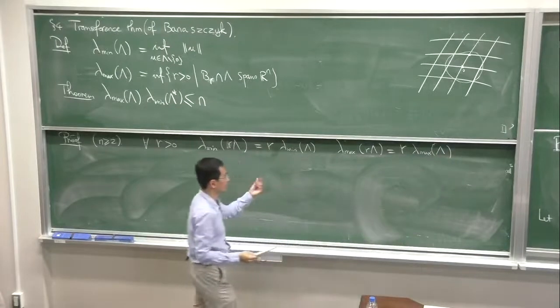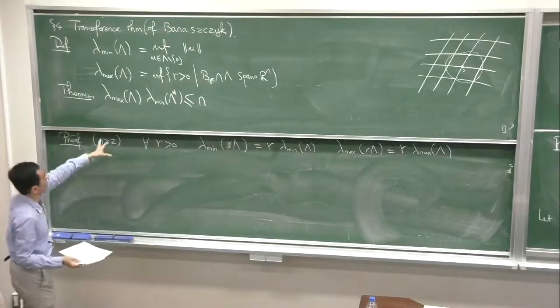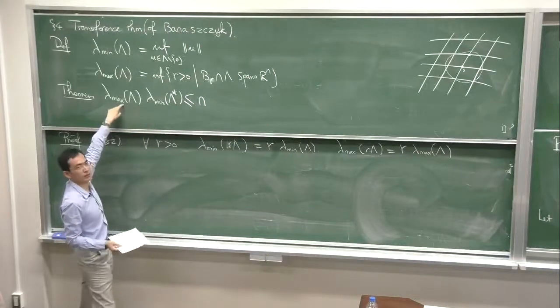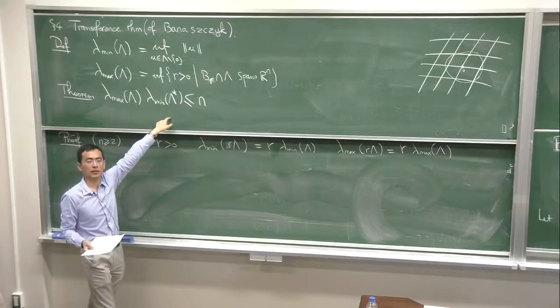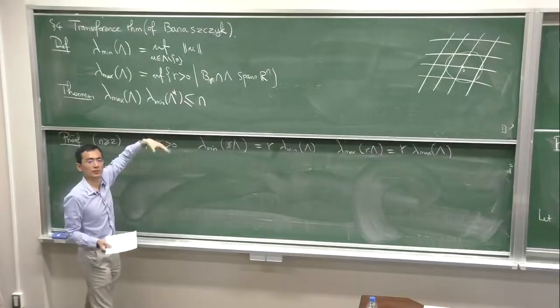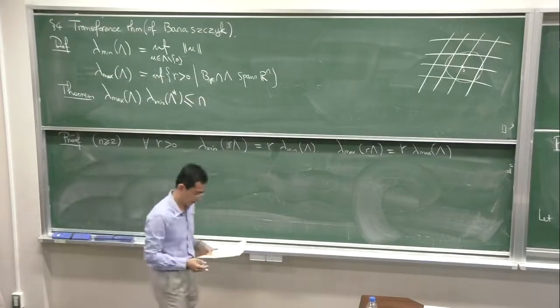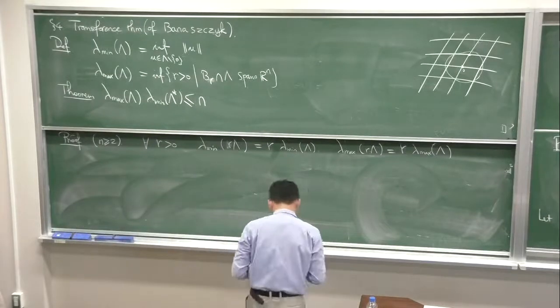So in some sense, you can dilate your lattice without changing the upper bound. So you multiply this by R, but this by R to the minus 1, because in taking the dual lattice, you need to multiply the lattice by R to the minus 1.